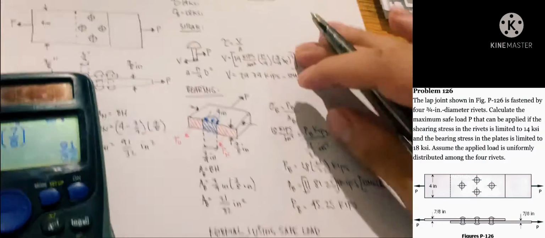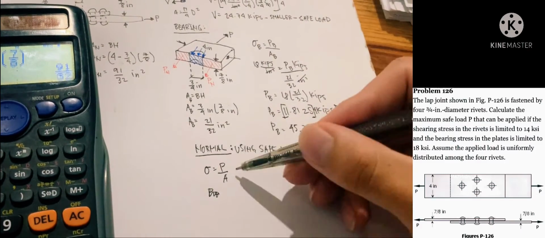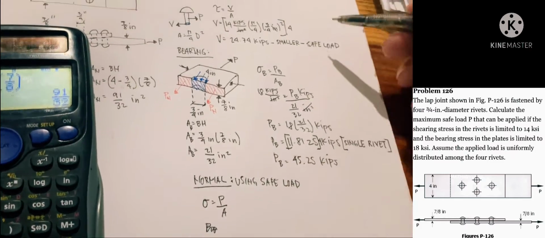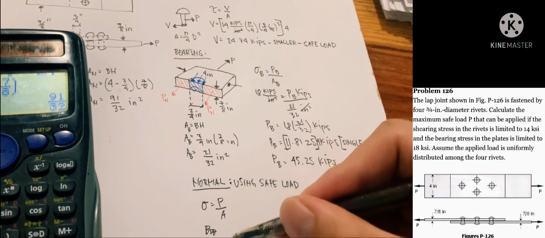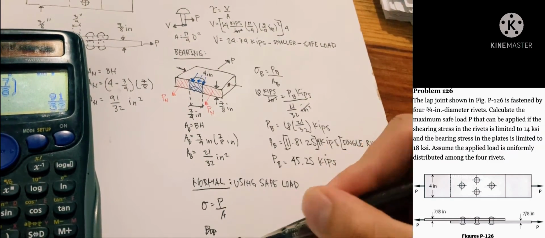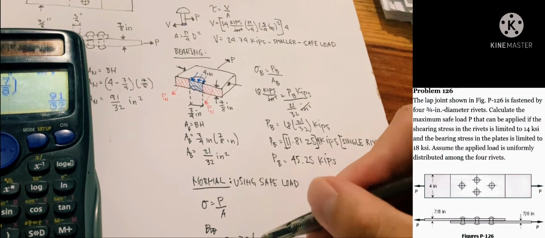Note that our V, which is equal to P, is already the load using the 4 rivets.